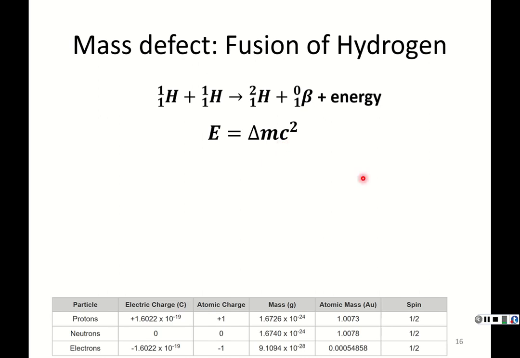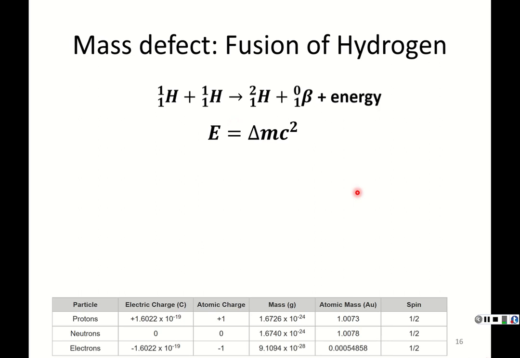Because hydrogen only has 1 proton in its nucleus, there's no mass defect from binding of other nuclear particles, so its mass defect is 0. When we get to deuterium, there's a neutron, and that's when you get some mass defect. But for this class, it's probably a little bit over our head.